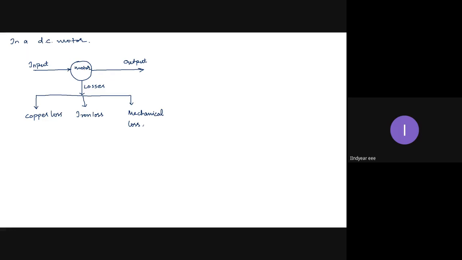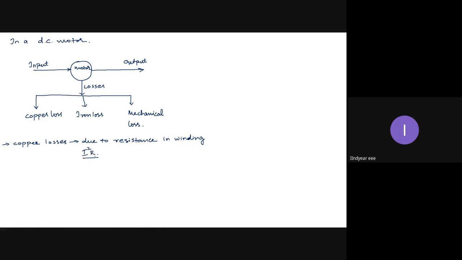So what are these losses? Copper losses we know, we have studied many times. Copper losses are due to resistance in the conducting path or winding, which is I square R loss.